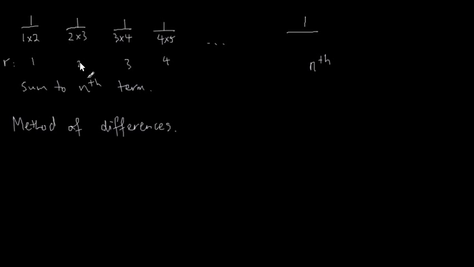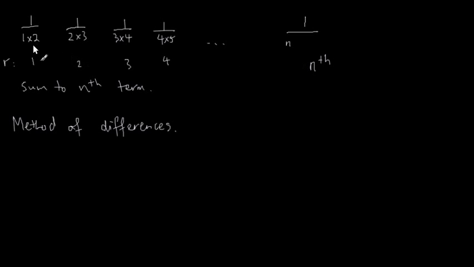First number of the second term is 2. First number of the third term is 3. First number of the fourth term is 4. So we can guess following this pattern that first number of the nth term is n. They're all the same. So n and n is a reasonable guess.